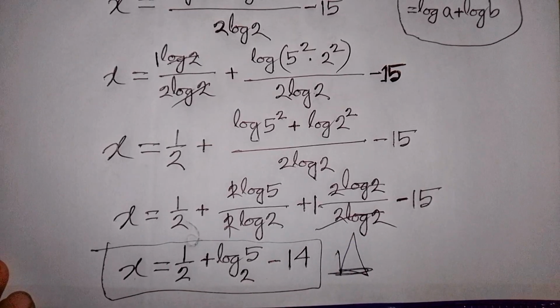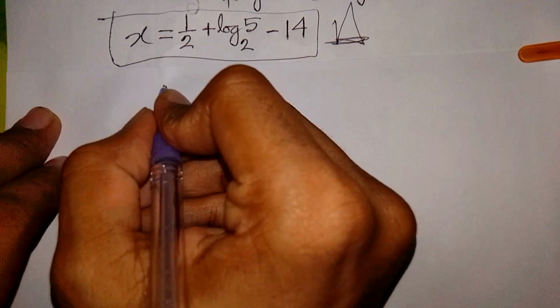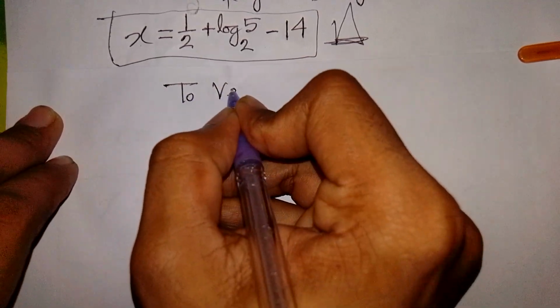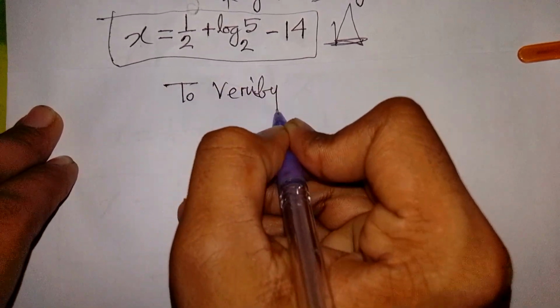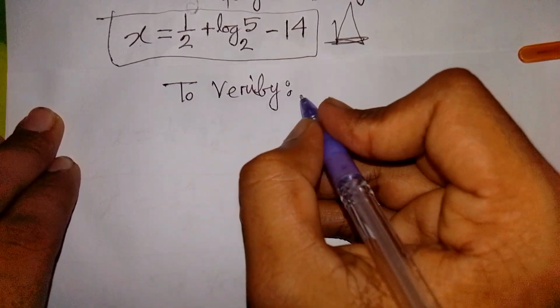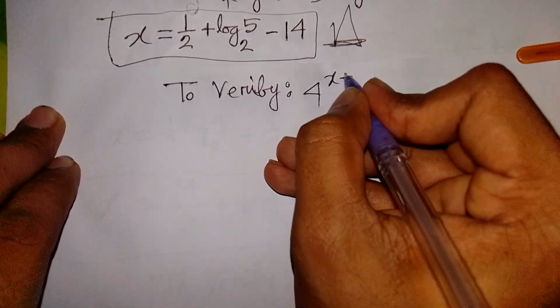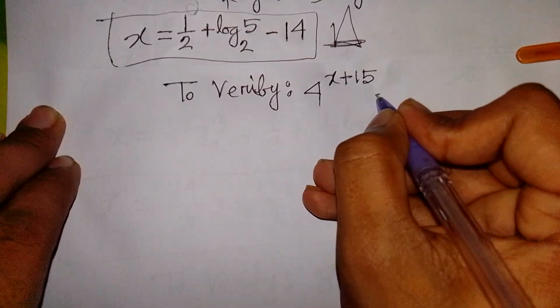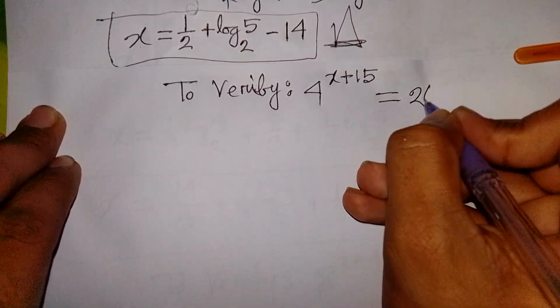Now to verify, our equation was 4 power of x plus 15 is equal to 200.